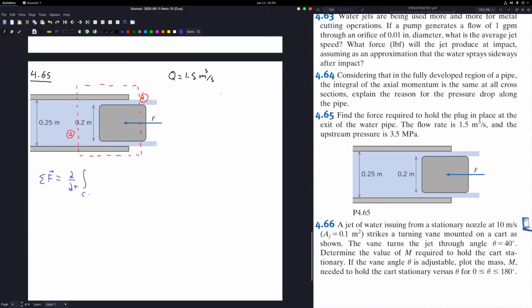The next step is to write the conservation of momentum. So this will be the sum of forces is equal to the rate of change of momentum inside the control volume plus the ingoing and outgoing fluxes of the control volume.